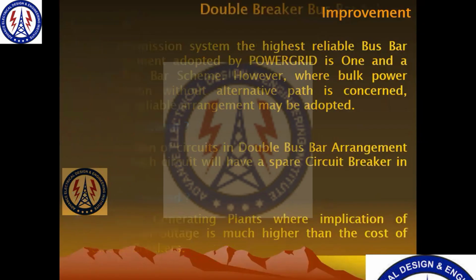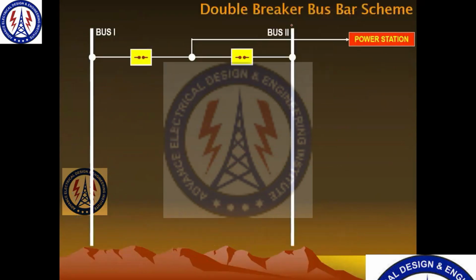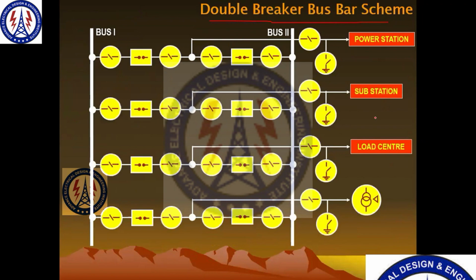Then if you have mega power generation, okay, then there we are using the double breaker bus bar scheme. Okay, mega power means the cost of the power interruption will be more than the cost of your substation.